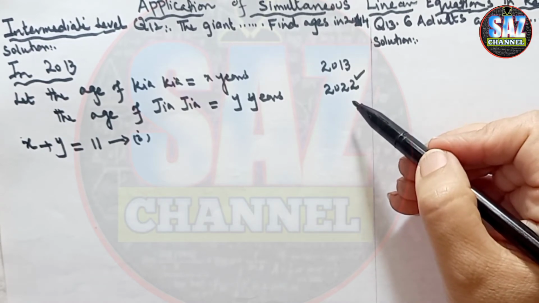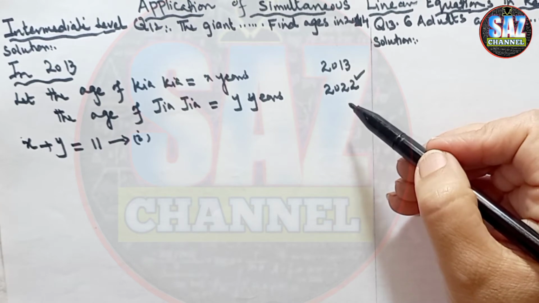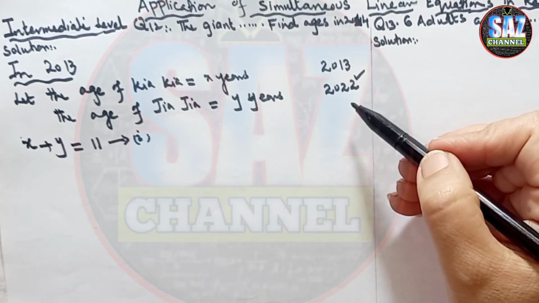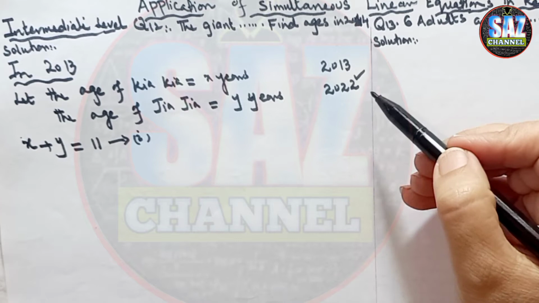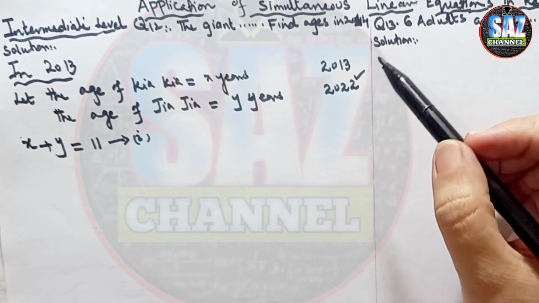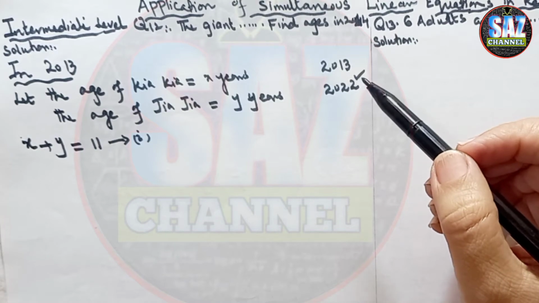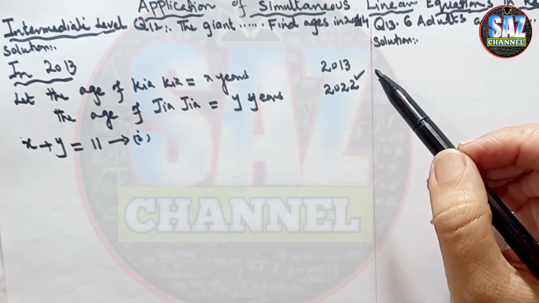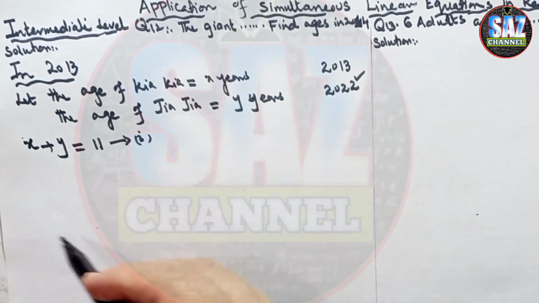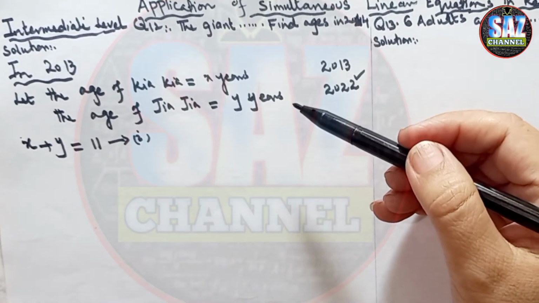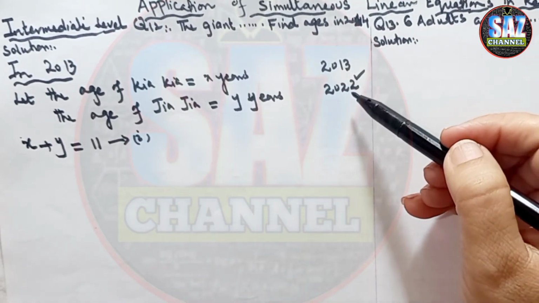So Kia will be 3 times as old as Gia was in 2013. The information says that in 2022 Kia will be 3 times as old. First of all, we have to think how old Kia will be in 2022.